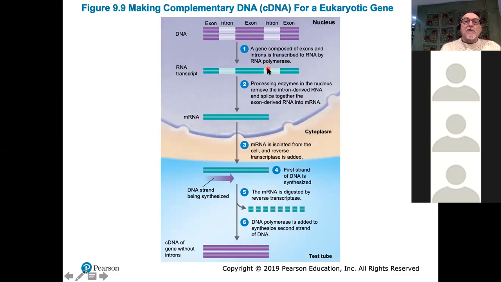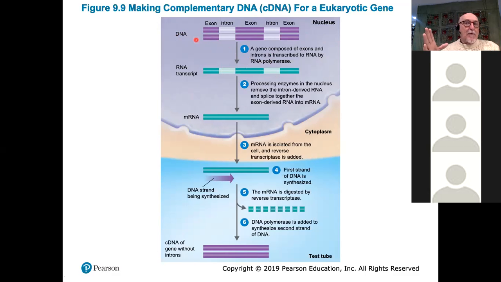And when those are transcribed, we end up with a messenger RNA transcript, for example, that has these areas that need to be edited out. So, if we go into a eukaryote genome and start amplifying a particular gene, we amplify all the introns and the exons.